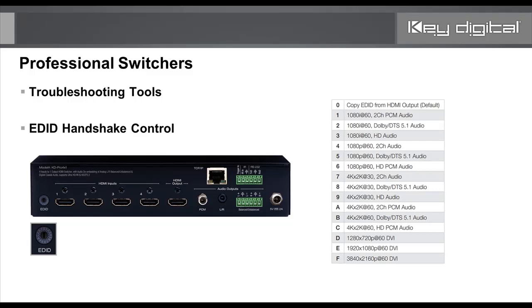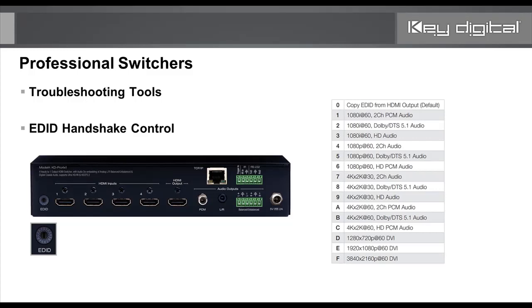Now, how do you make all of that happen when you have a monitor or a projector and you have 4 sources? Well, that's why we manage the EDID, Extended Display Identification Data, the handshake. We allow the integrator to choose, as you see on this table here, the desired video and audio format for the system.